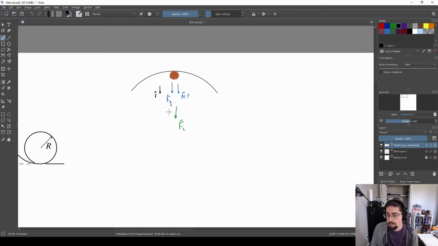Absolutely fantastic. But anyways, we know the net force in the radial direction must be the centripetal force, because we're moving in a circle. If we're supposed to be still moving in a circle, then we need that centripetal force. Now, the minimum is when that normal force starts to go to 0.